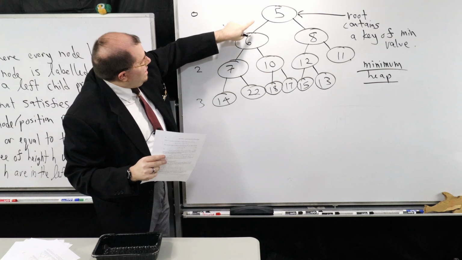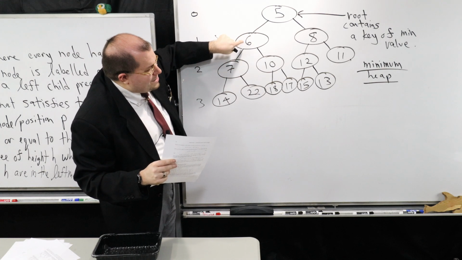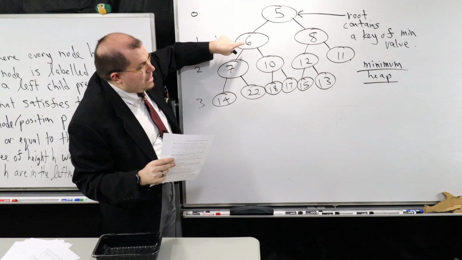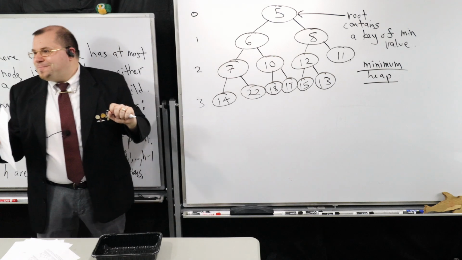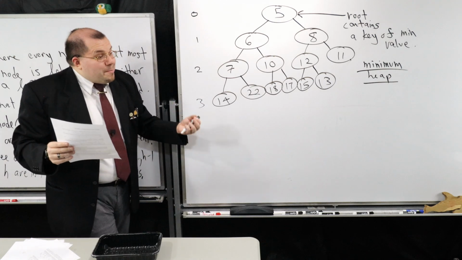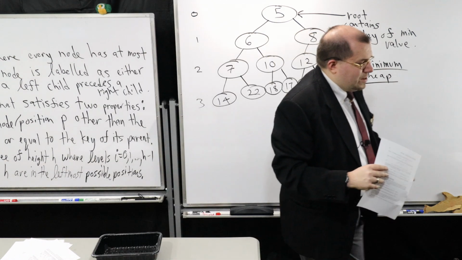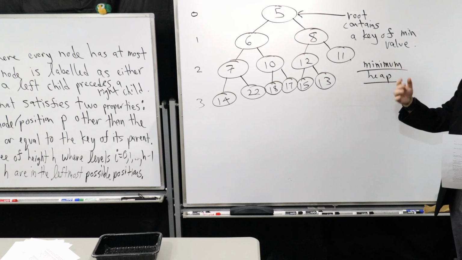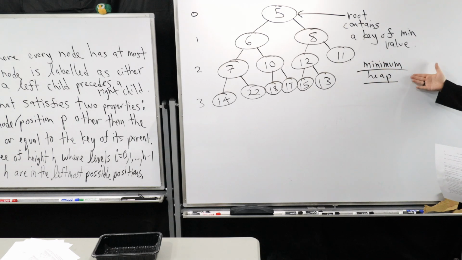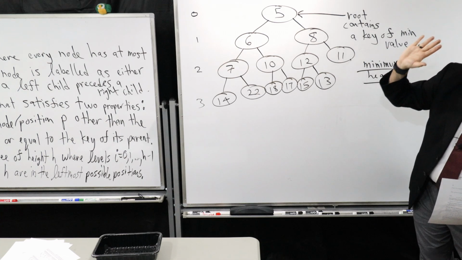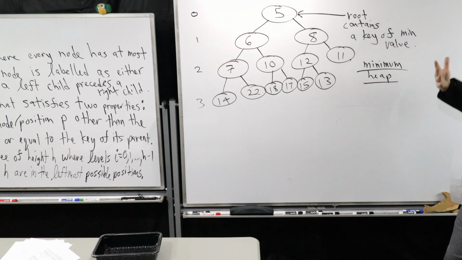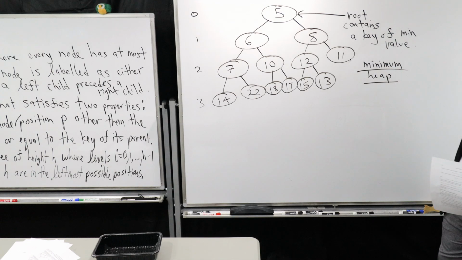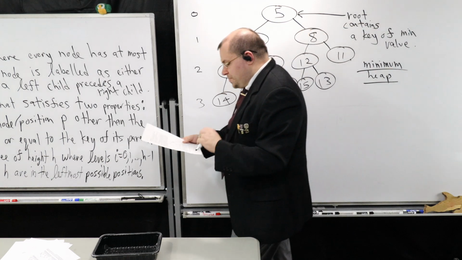If I examine this node, whatever's sitting here most certainly has to be either smaller than my parent or equal to it, right? So that's what a max heap is. That's the only difference between these two things. A min heap maintains the heap order property with this relationship, and a max heap just flips that relationship. That's it. Nice and simple.